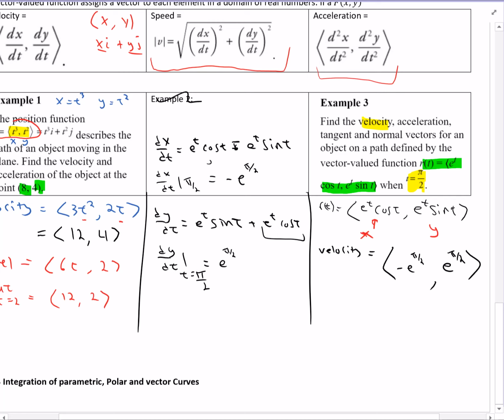All right, the next thing it wants is the acceleration, which means we have to take the second derivative.